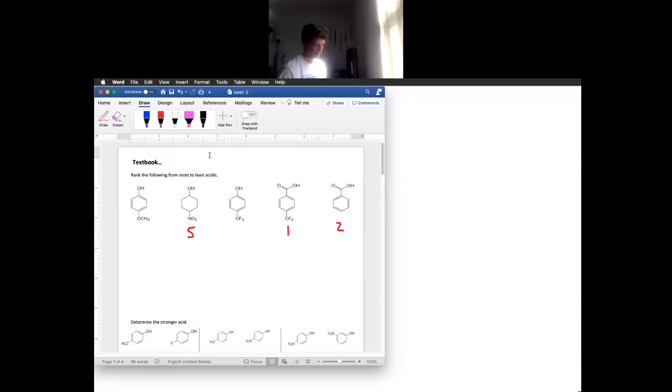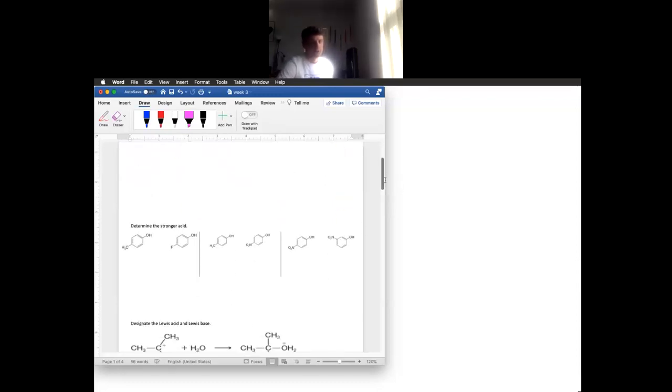So are there any questions on this? No. Okay. All right. So just comparing two molecules, you should be able to figure out what's more acidic and thus least acidic or more basic.